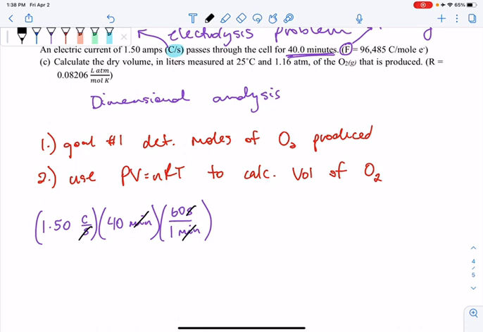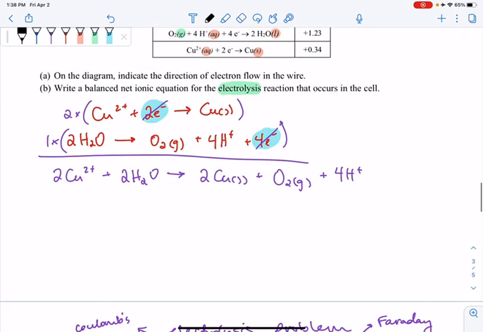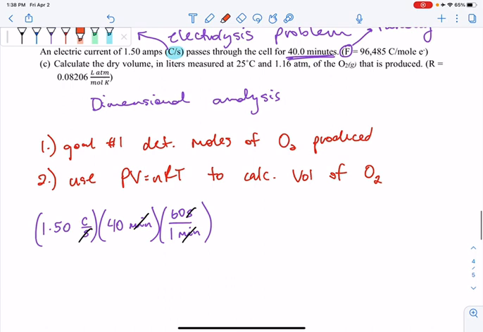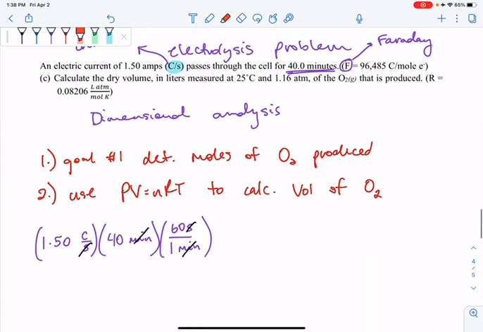But how can we relate coulombs to oxygen? Well, if you look at your balanced net ionic equation, do you see any coulombs in this equation? No, you don't. But do you see some connection between oxygen and electrons? Yeah, if you look here, let's use red. We have oxygen for every 4 electrons. So if I can go from coulombs to electrons, I can go from electrons to oxygen.